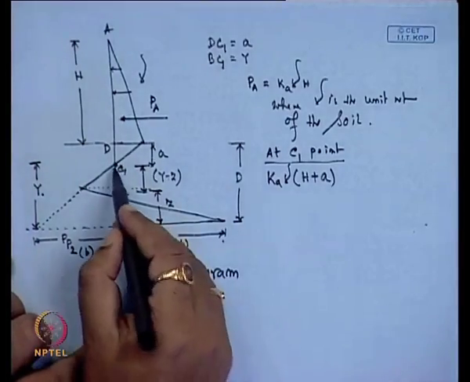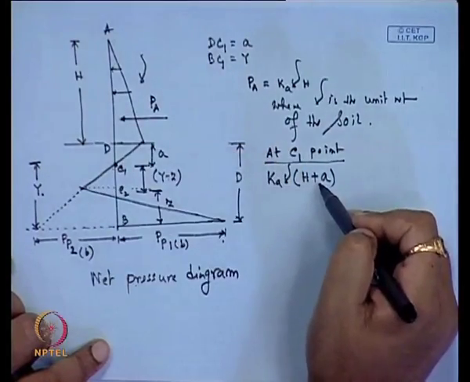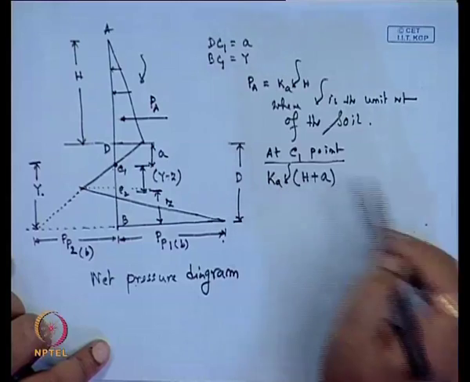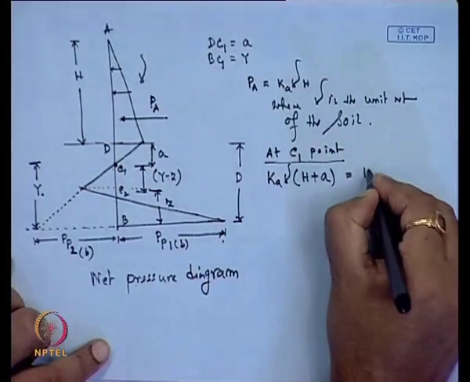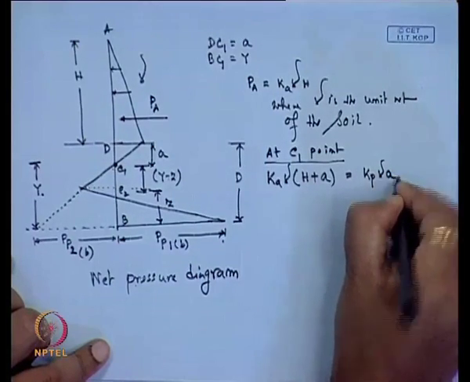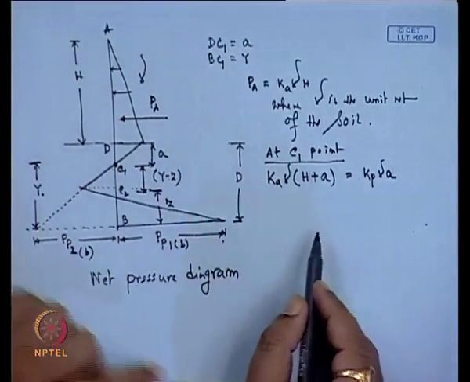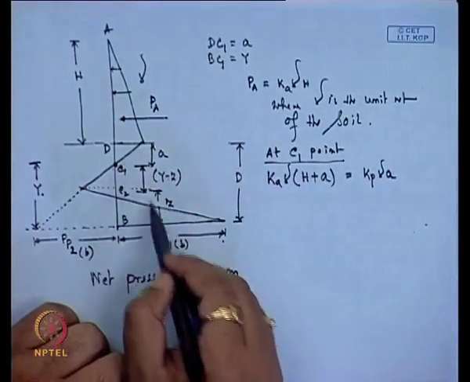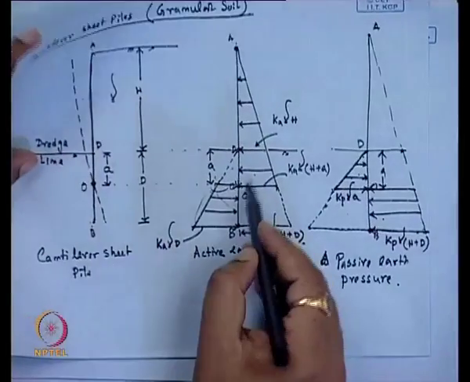So at this point the active pressure will be H plus A into gamma into K A, which is equal to the passive pressure, K P gamma into small a.